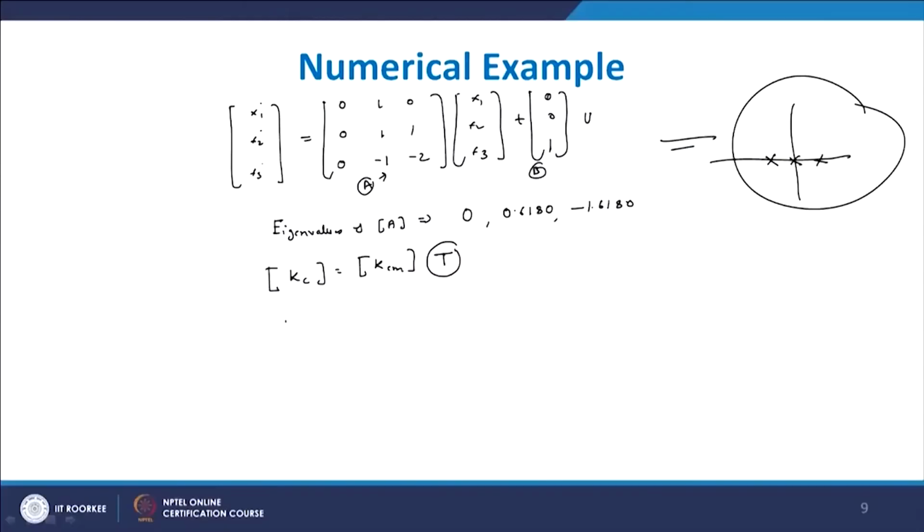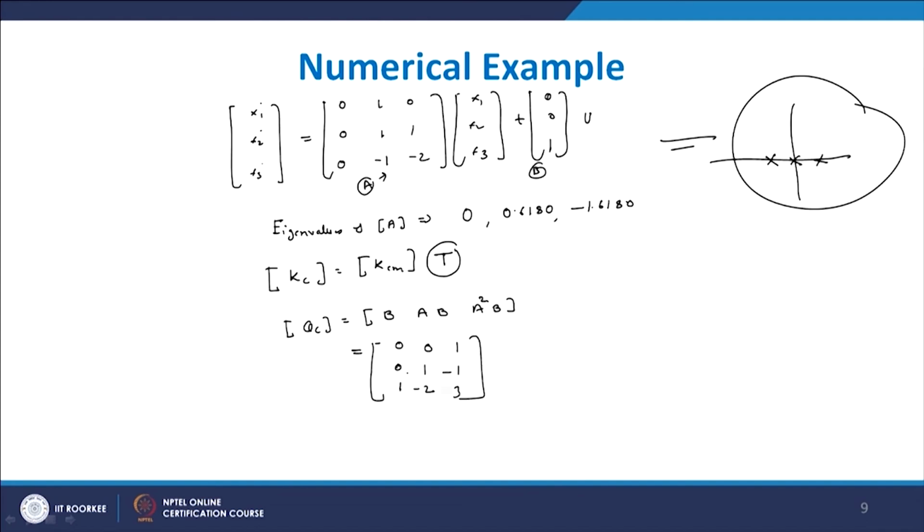Now we check the controllability of the system. The controllability matrix is given as QC equal to B, AB, A square B. Here B is 0 0 1. If you multiply A and B, you will get 0 1 minus 2 1 minus 1 3.